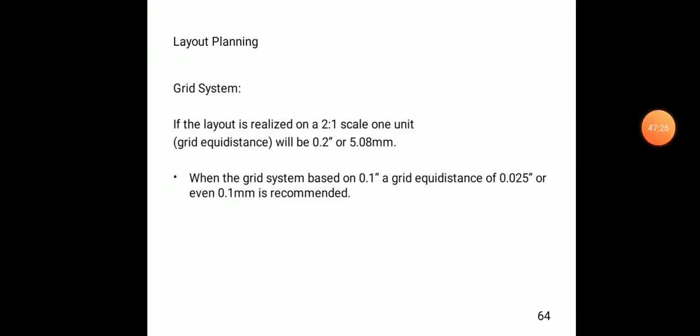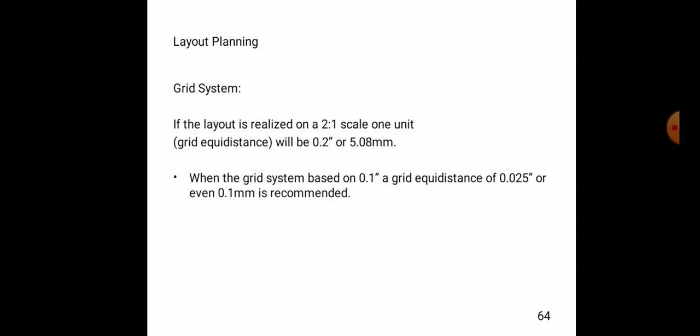So in the next class, we are going to discuss how we can prepare the layout, and how we can manufacture, how we can get the PCB. In the next class, we are going to discuss the layout planning.